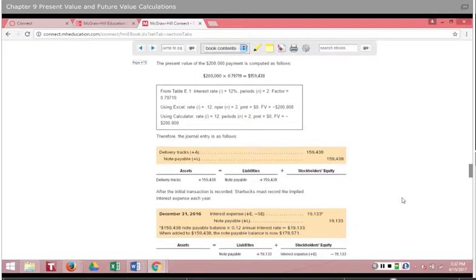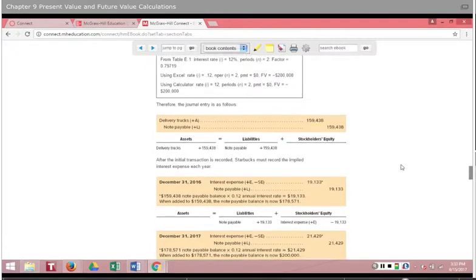At the end of the first year, which is December 31st, 2016, the value of the note is going to increase by the amount of interest expense that has now been incurred but won't be paid until the end of the second year. So what we do to calculate interest expense is to take the 12% times the $159,438, which is the amount of the note at the beginning of the first year.